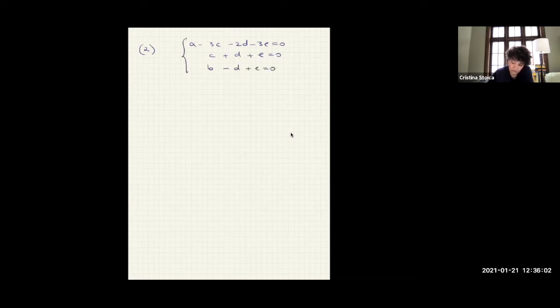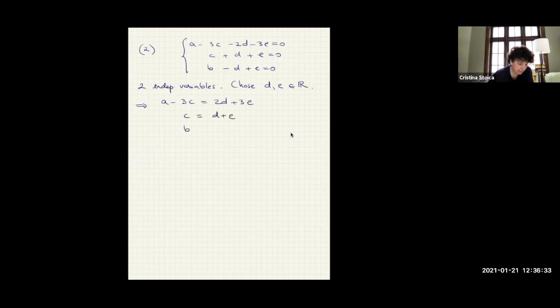So there are 2 independent variables. I can choose whichever I want. Choose D and E. So these are the ones that will be independent. And then the system becomes A minus 3C equals 2D plus 3E, right? And then I'll have C equals D plus E.